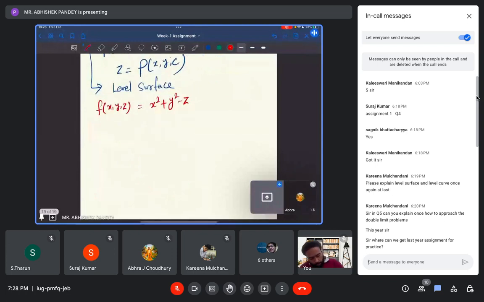If I restrict this function and collect S equal to x comma y comma z belonging to R3 such that f of x comma y comma z is equal to, say, 0, this will become x square plus y square minus z equals 0.